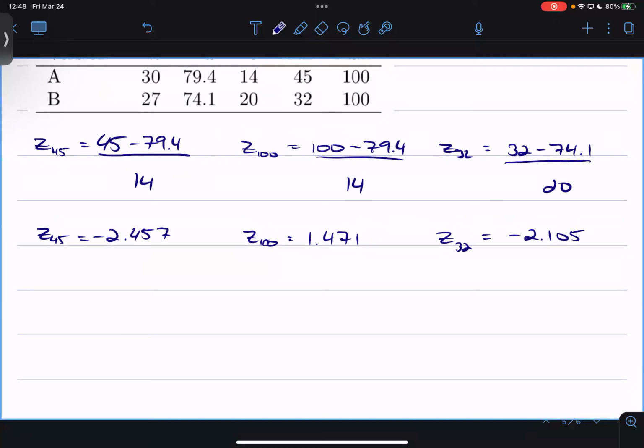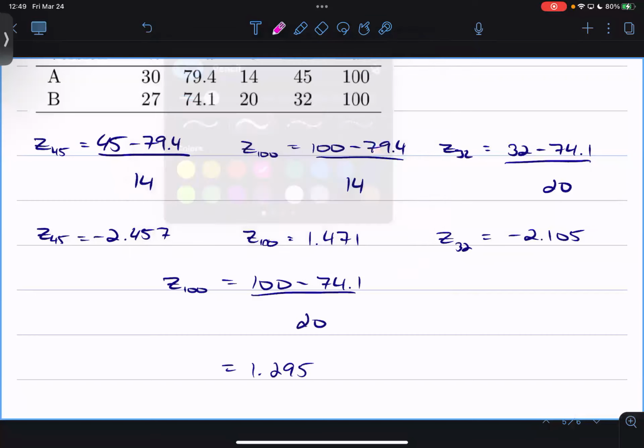And finally, 100 again, but a different mean and standard deviation, 74.1 divided by 20, is 1.295. Hopefully I didn't slip up.